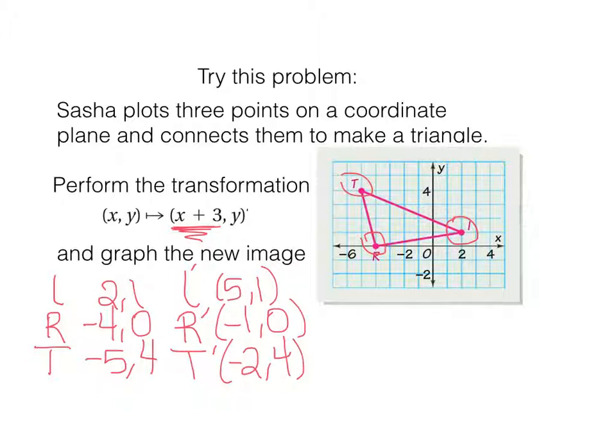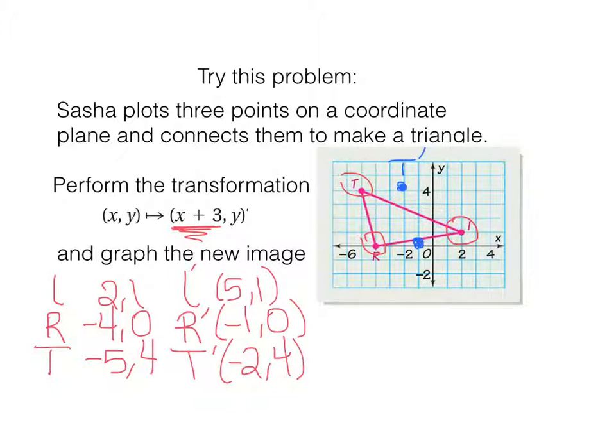Negative 5, 4 is now negative 2, 4. So negative 2 and up 4. So that becomes my new T. Negative 1, 0 right here.